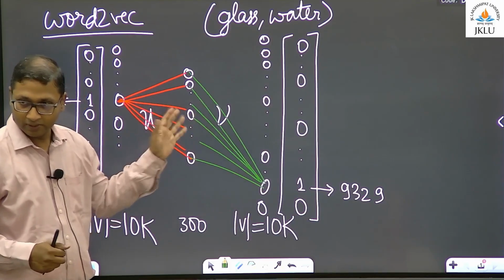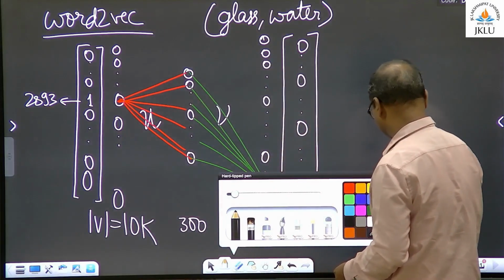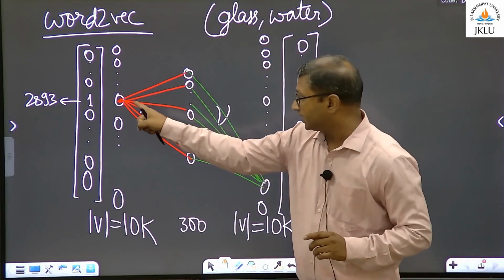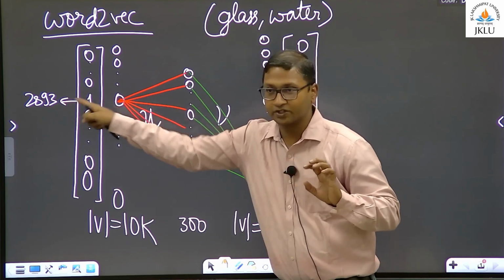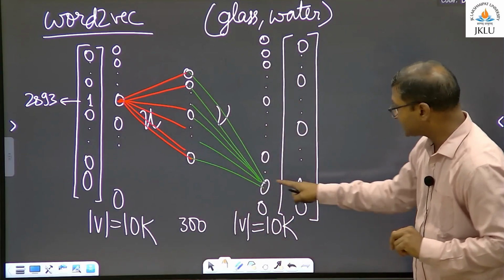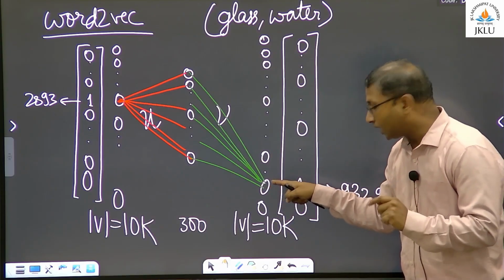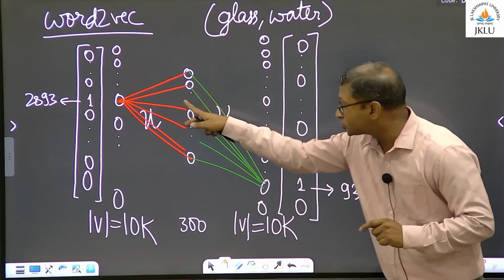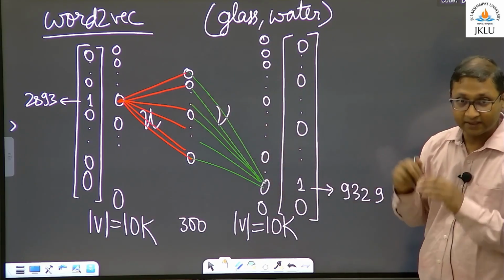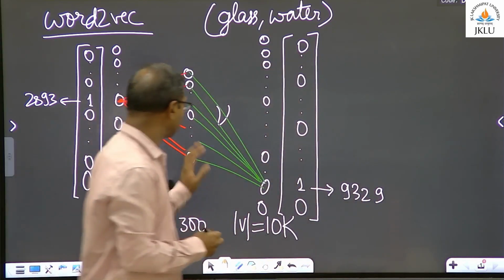Why have I drawn them differently? This represents computations that happen because of this word. And this represents computations that are giving you the output here. You are getting other outputs here as well, but these two things are giving you the output here. Anything else contributes to this output? No. Okay. So this is what we are having.